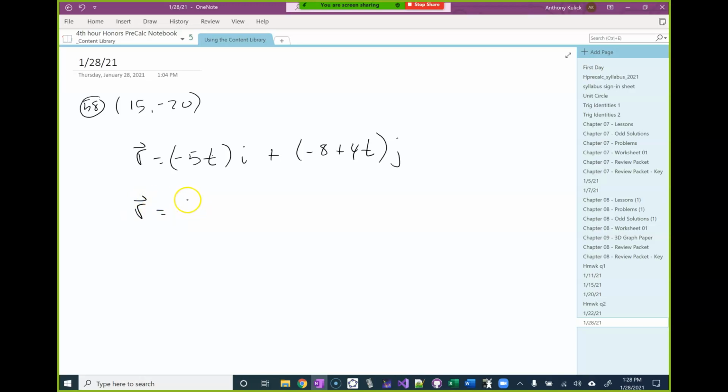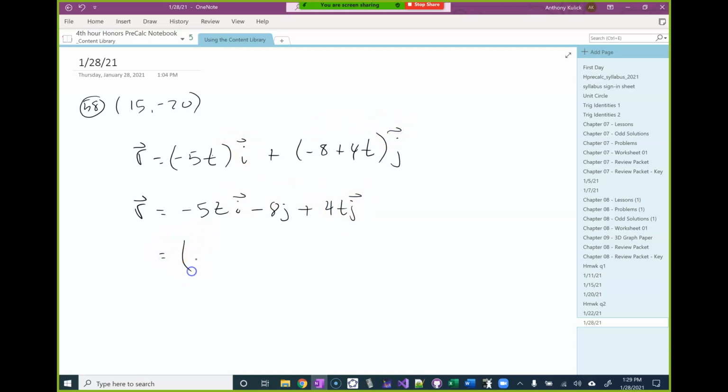So I have negative 5i minus 8j plus 4tj. Guess those are vectors.